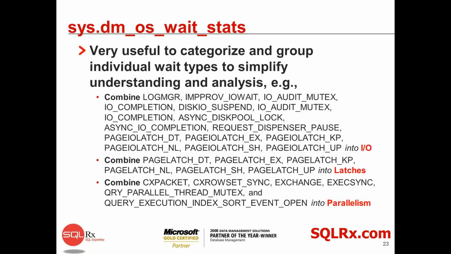The same applies to the latching category. The same applies to the parallelism category. So what I typically do is I provide 2 graphs, one that shows the graph as it would look with all of its specific wait times, and then I provide a summary of that when it's done.